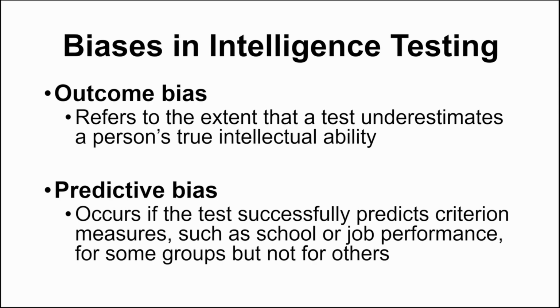This is going to be a situation where our test successfully predicts some kind of criterion measure, something like performance or success in a particular environment, but it's not equally good across groups. So maybe it does a good job of predicting for one particular type of individual, but not other types of individuals.